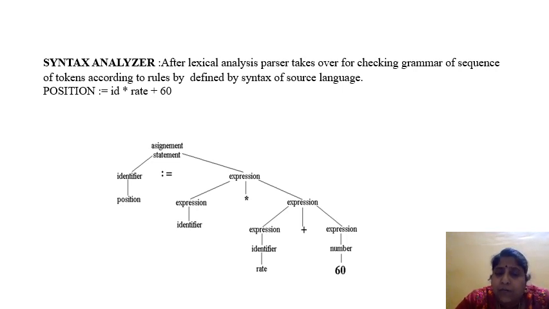Here comes the role of the parser. It will create a parse tree. We can see a parse tree is formed here, having an assignment statement, identifier position, and expression, and the expression is divided again into identifier and expression, to identifier and rate plus 60. So we are having that example, position is equal to ID asterisk rate plus 60.